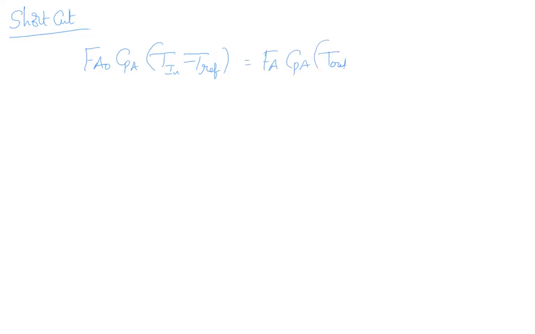So I'm going to derive a small shortcut here. The shortcut is FA naught into CPA into (T in minus T reference) is equal to FA into CPA into (T out minus T reference) plus FB into CPB into (T out minus T reference) plus delta HR into FA naught into XA.